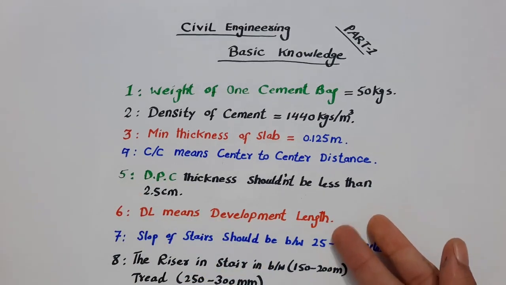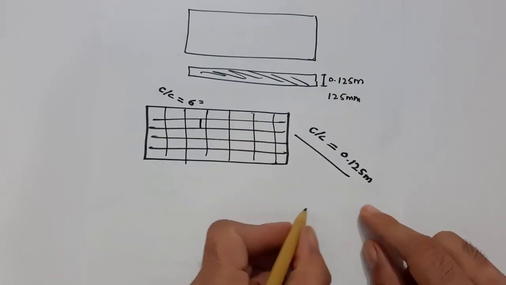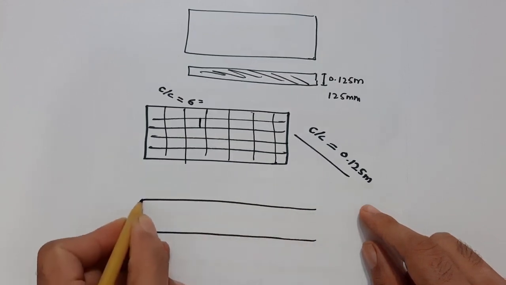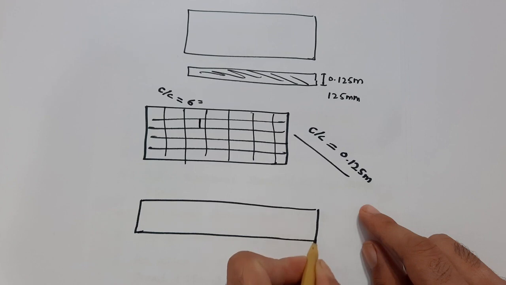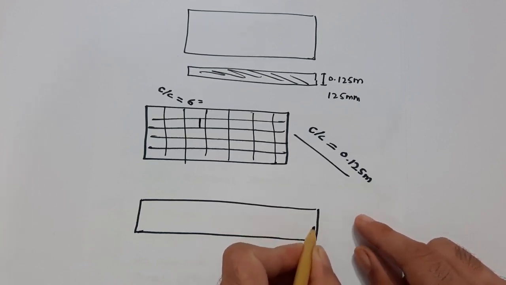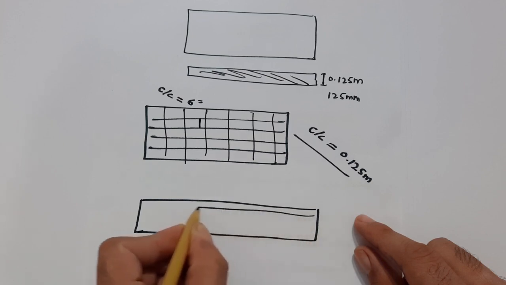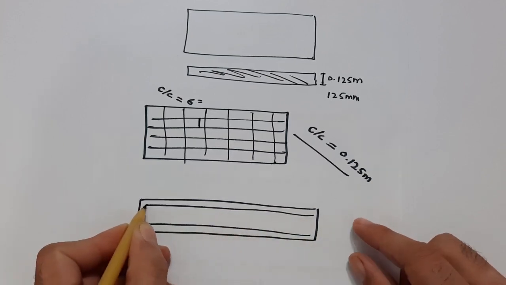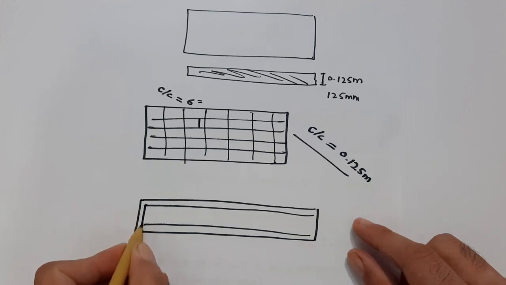The sixth one is DL, meaning development length. What is development length? You can see here this is a beam, and inside this beam I am providing steel rods, in long section. One steel is coming to the downside and this one is going to the upward side.